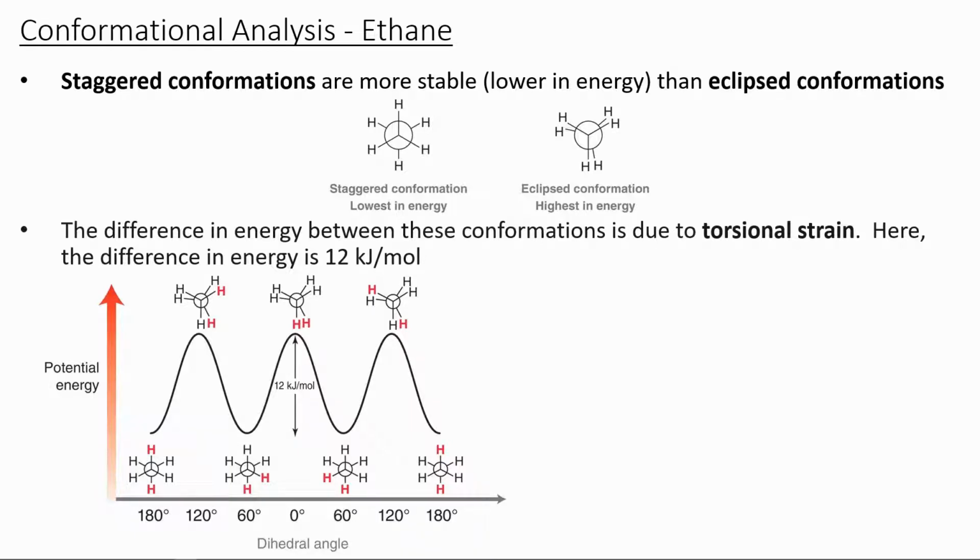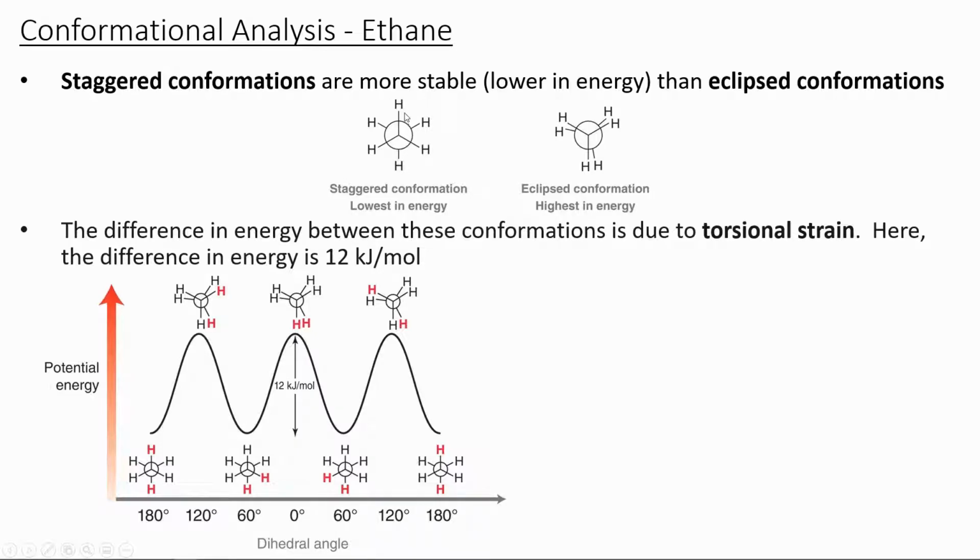There are basically, for ethane, two potential conformations. There's going to be the staggered conformation, and that's the conformation that we looked at already, that has the 60-degree angle between the hydrogens. Now, if we rotate one of these carbons, so the carbon-carbon bond, right?